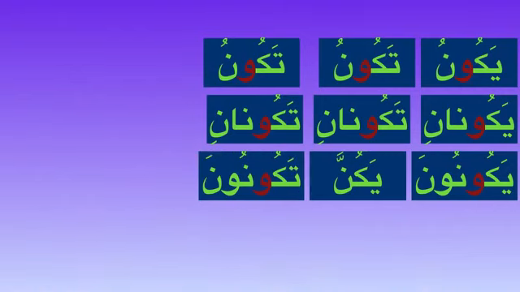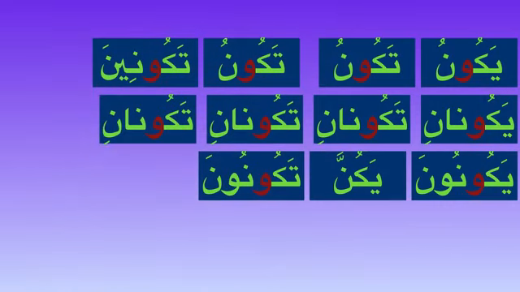So it becomes yakunna. How is it written? The noon gets the shadda and it is yakunna. Again, anta takunu, you are. Takunani, you both men are. It's a marfu form. And takununa is antum, you all are. In takununa, the waw represents antum and the noon represents marfu here. And takunina, anti, you female, you are.